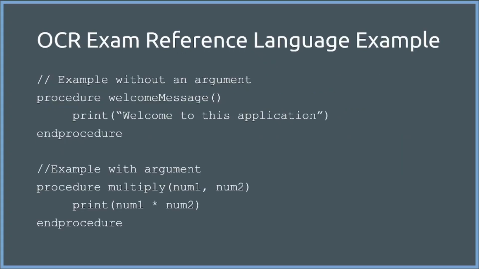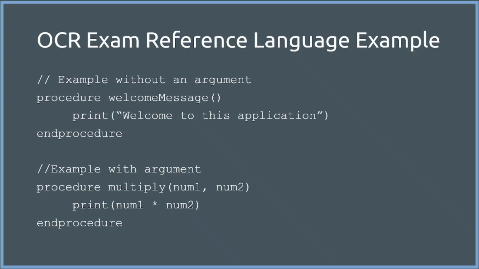Here are some examples using the OCR exam reference language or pseudocode. You can see that we actually use the keyword procedure, so it makes it very, very clear what we are doing. I've put two examples of procedures down, one that has no parameters and one that has parameters.